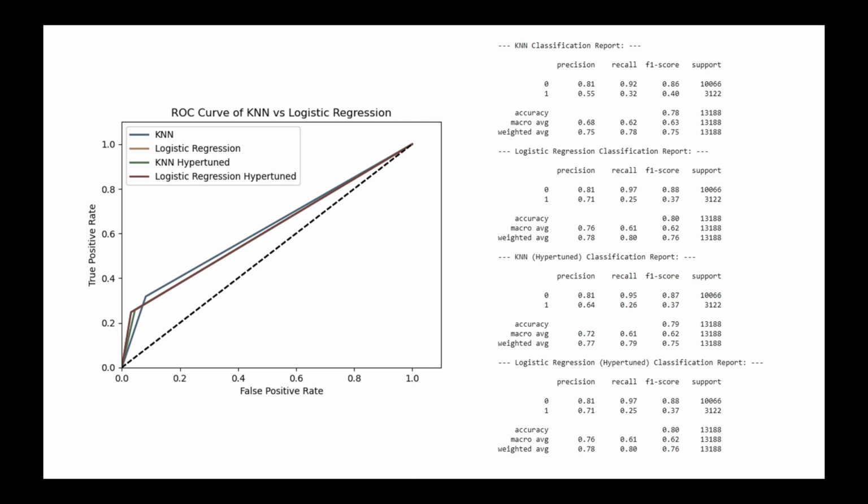And to our surprise, we found that on the receiver operating characteristic curve, the base KNN algorithm performs overall better than the 2 hypertuned models and the base logistic regression model.